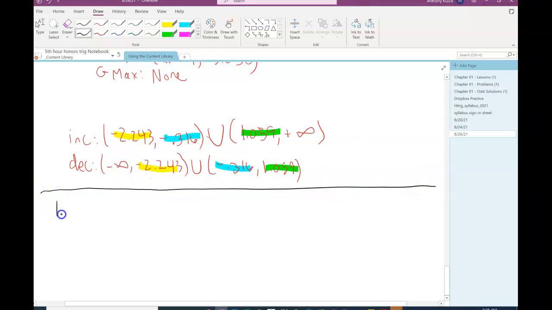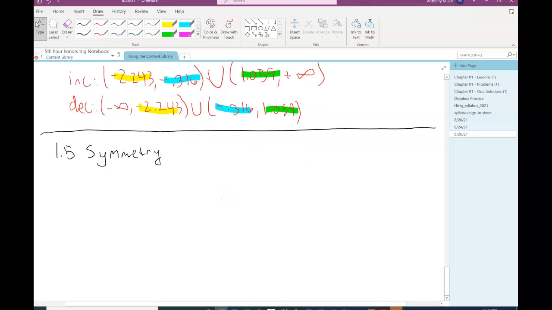The next section, the last section we're going to look at today, we're going to talk about symmetry. So again, increasing and decreasing are basically describing attributes of functions. Like this function is increasing here and it's decreasing there.